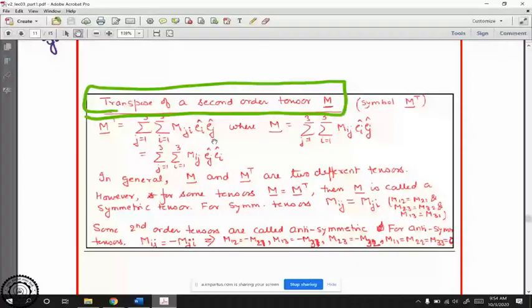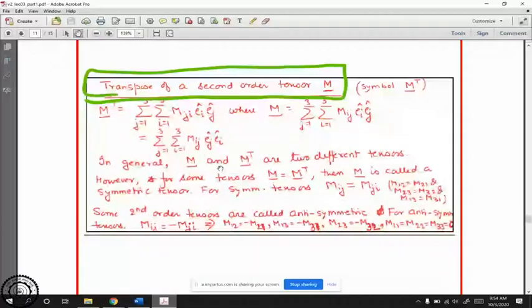Nevertheless, this is the definition of the transpose of M. Now, interestingly, you can write the transpose also as Mij Ej Ei. So you either change the order of the indices of the dyad, or you change the order of the indices in the scalar component. They are both legitimate representations of the transpose of the M tensor.